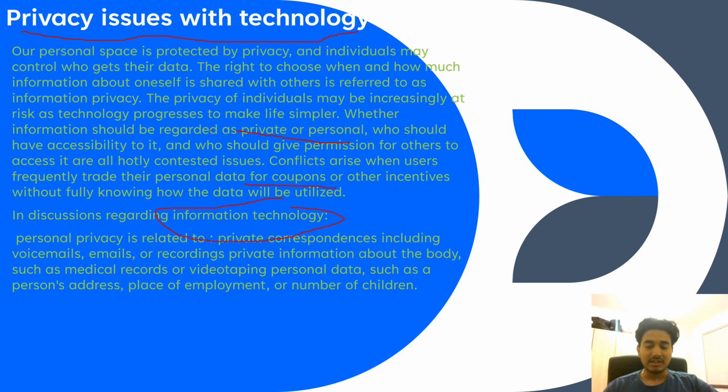Privacy also relates to private correspondence, including voicemails, emails, and recordings, and this is one of the things we mainly face in every technology, like the latest smartphones or laptops. It also includes medical records or videotapings, and personal data such as personal address, place of employment, or number of children.